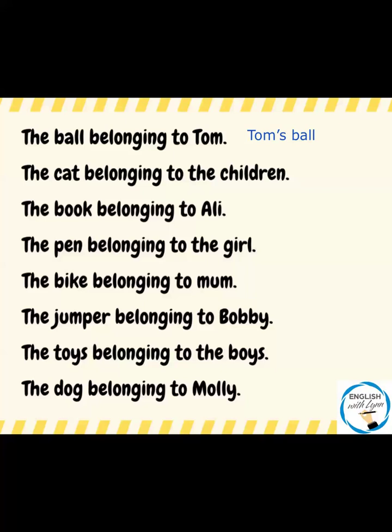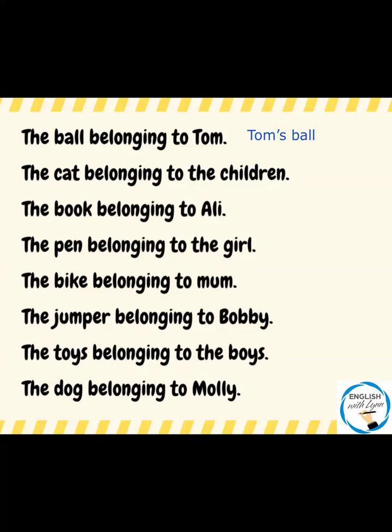Okay. Now, the next one, I've got the cat. So I've got one cat belongs to the children. Now, children, it means that there is more than one of them. Okay, so it is plural, but it is what we call an irregular plural. I don't put an S on the end of it to make it plural. So I need to follow that first rule.